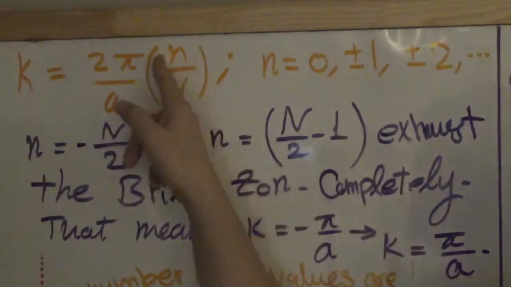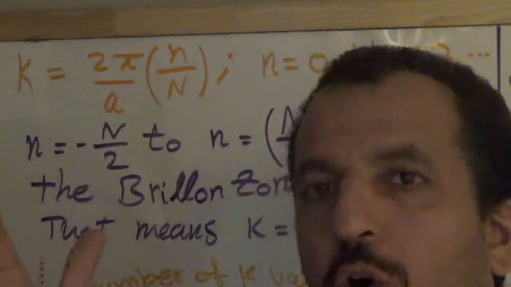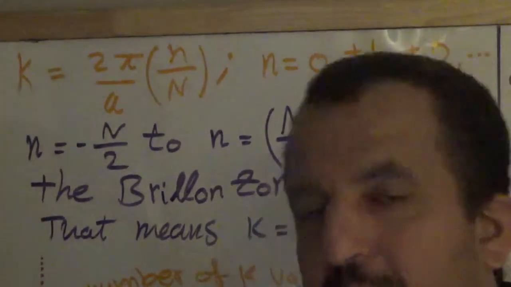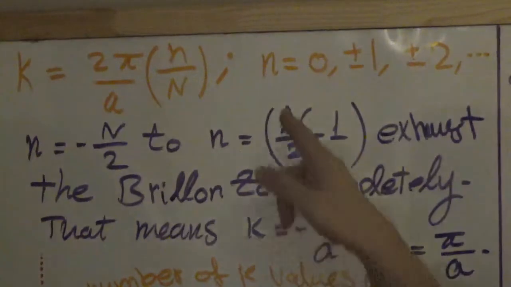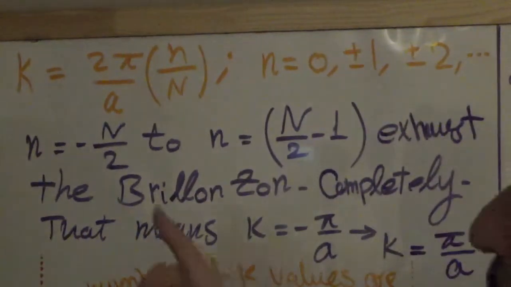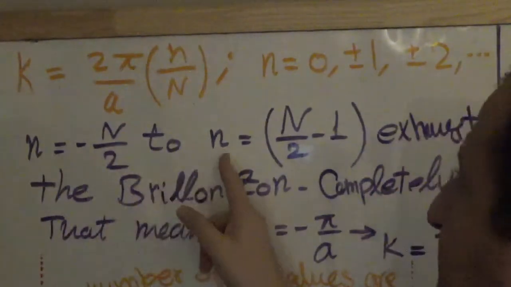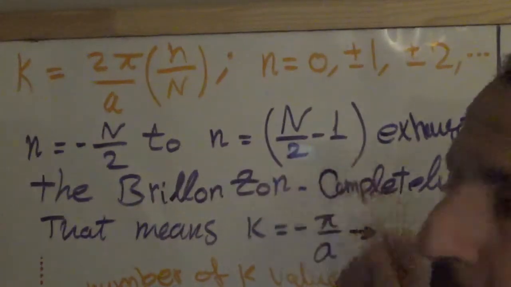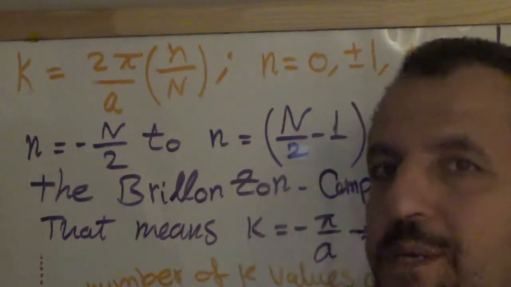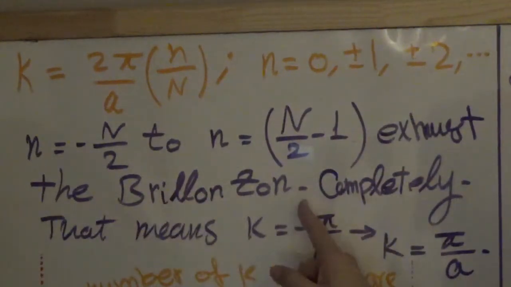N here is a number, and capital N represents the number of ions or atoms in the unit cell in the lattice. n is equal to 0, plus minus 1, plus minus 2, etc. So when n goes from minus N over 2 to N over 2 minus 1, that will give me a very important thing: the Brillouin zone.